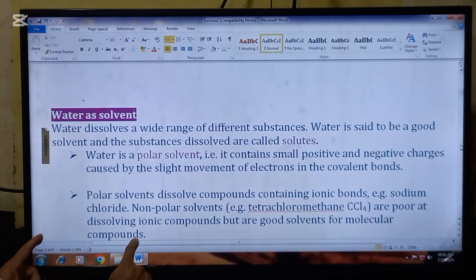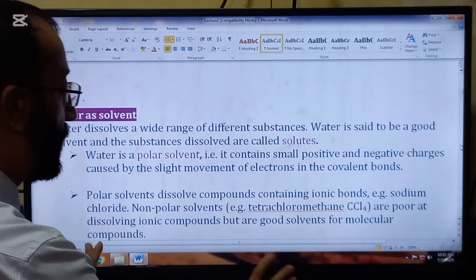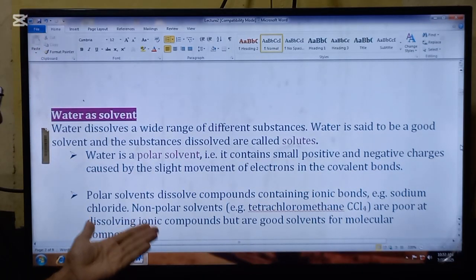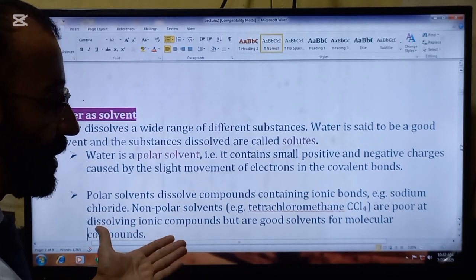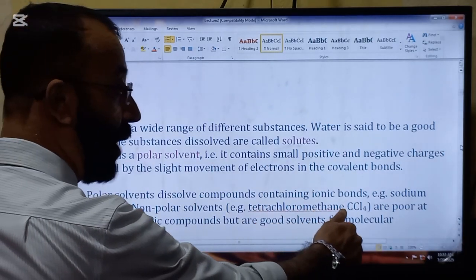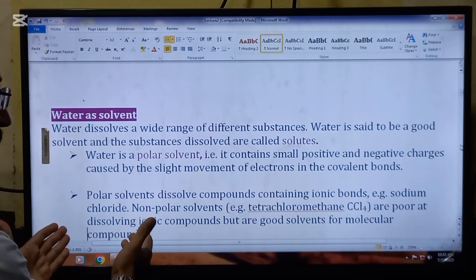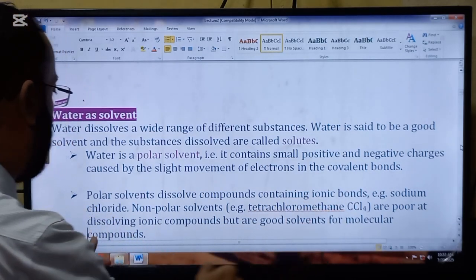The polar solvent dissolves ionic compounds. This is again an important point that normally comes in the paper. Polar solvents dissolve compounds containing ionic bonds, for example sodium chloride, which has an ionic bond.